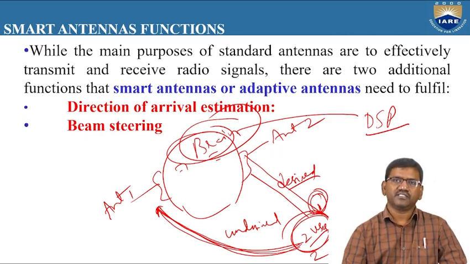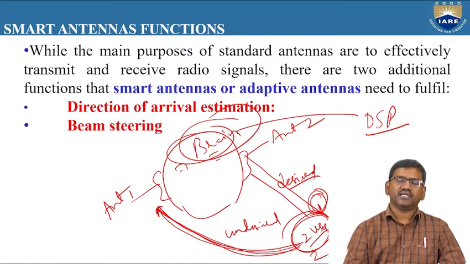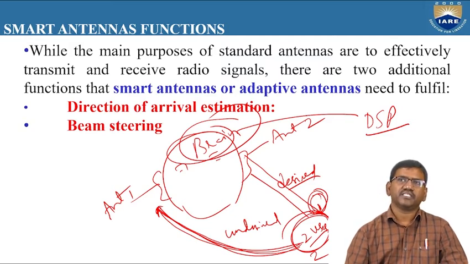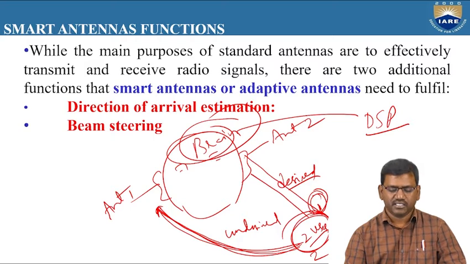Whichever signal reaches earlier, based upon the time interval, the direction of arrival is estimated by the brain. So from which direction the signal is coming very quickly is decided by the brain, which is equivalent to the digital signal processing unit.